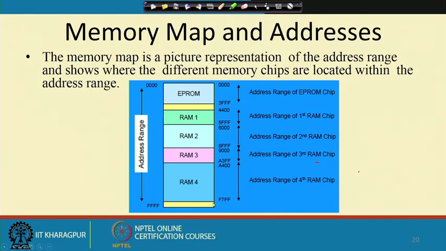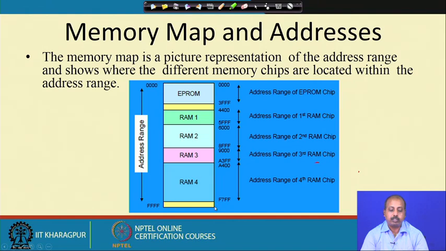If you are trying to load your program onto this memory, you should not try to load it from address say 3FFF, or from 4000 onwards, because in that space there is no chip. Similarly, you should not try to load the program from F800 onwards, because in this range also there is no chip.